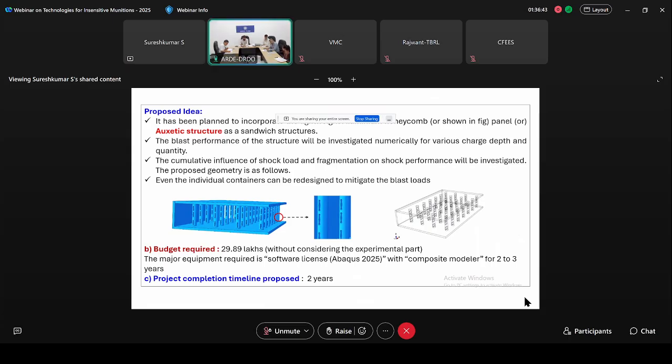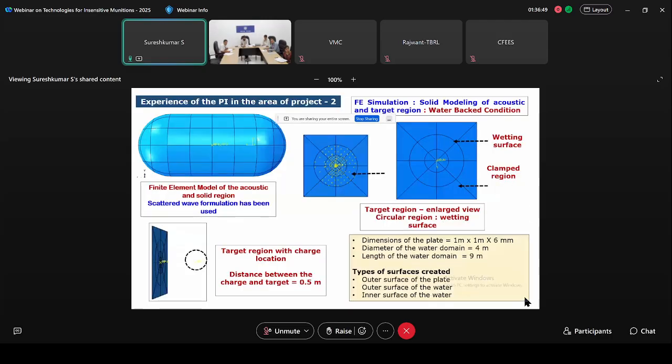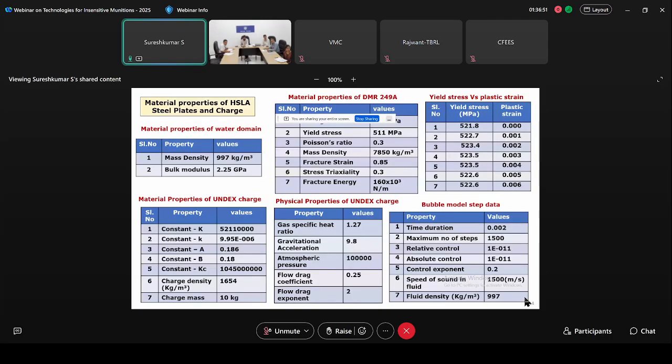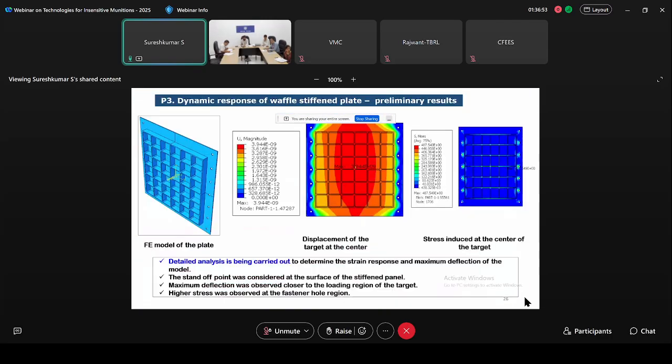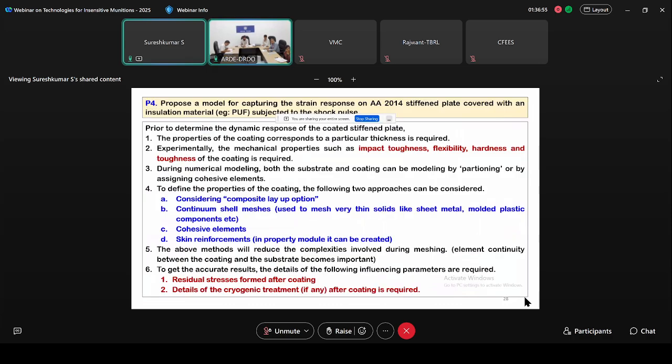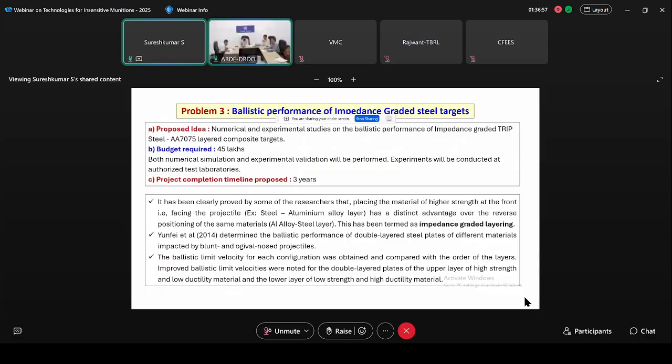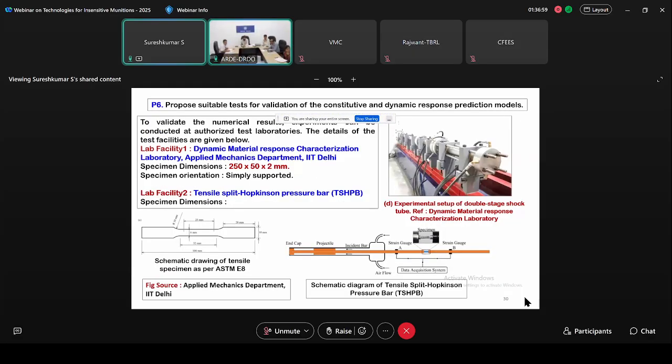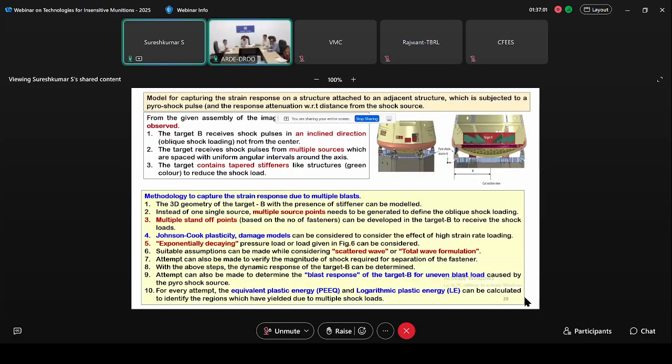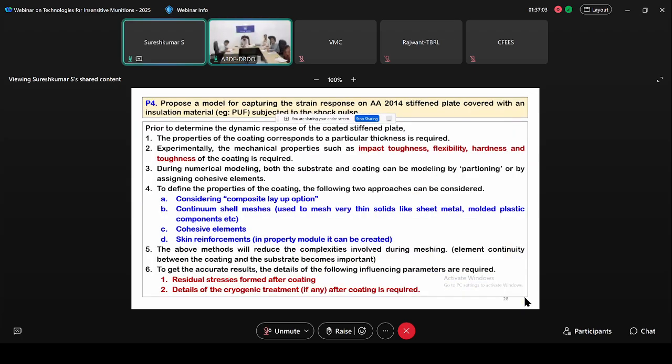For the second proposal, what is the duration and the approximate cost? For the second one also, sir, it is numerical only. I think your last slide showed 45 lakh for 3 years. No, sir, that is for the ballistics part.